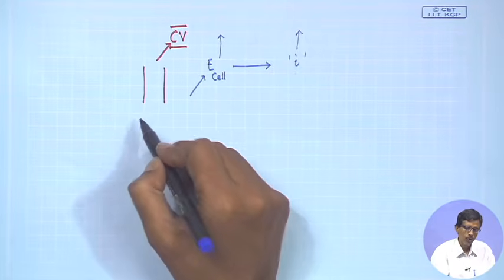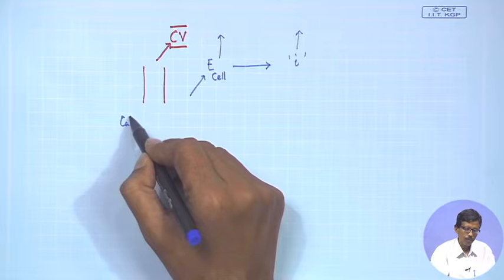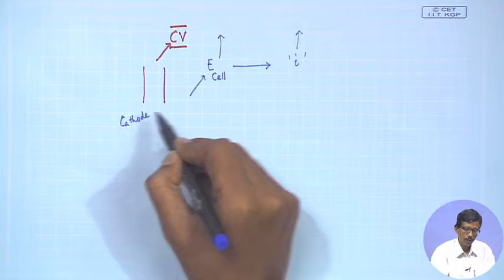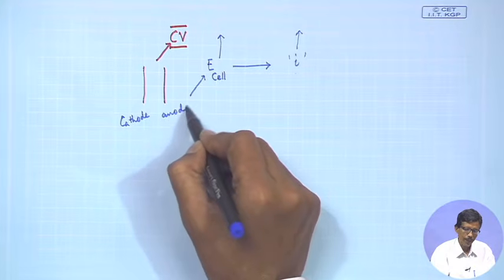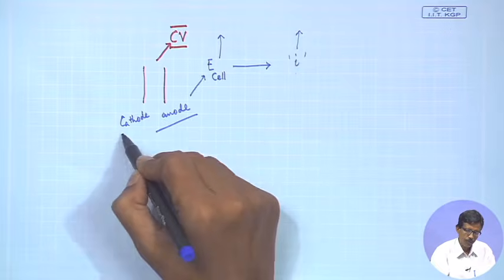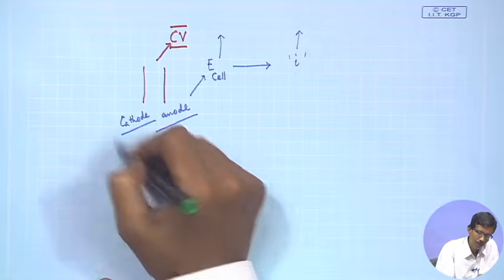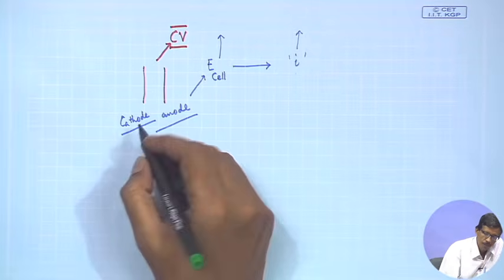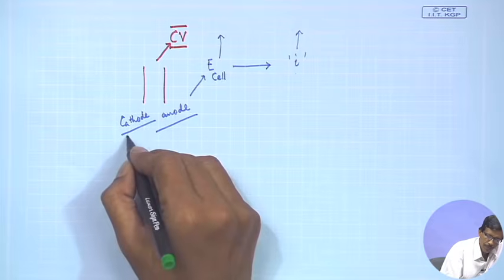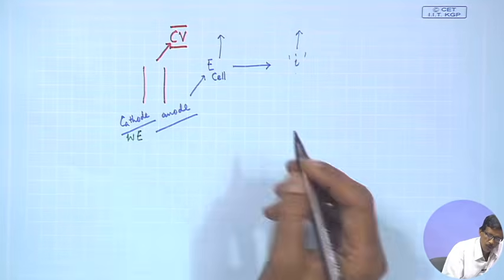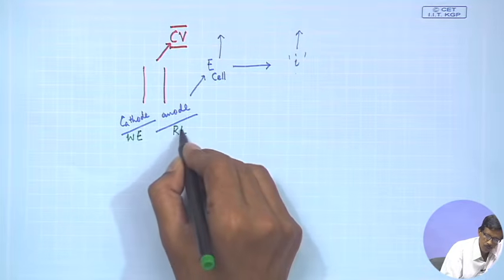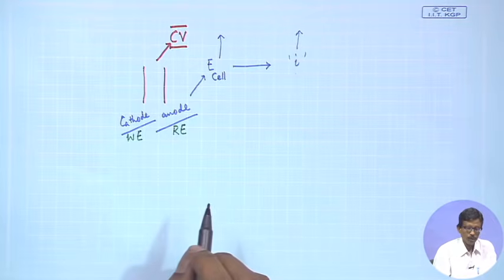So, these two electrodes we have, cathode and anode, and if we consider that we have a two electrode system, it can be within the cell, you have the cell outside, and one of them will be your working electrode and another will be your reference electrode.